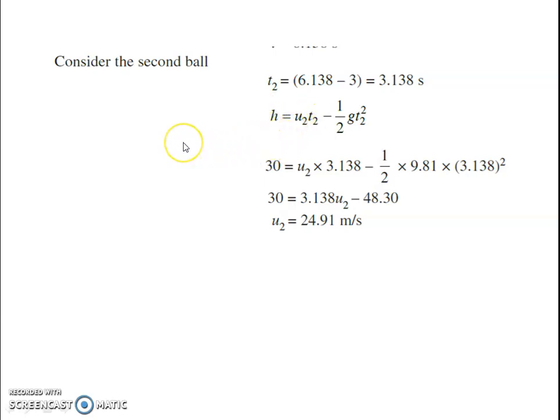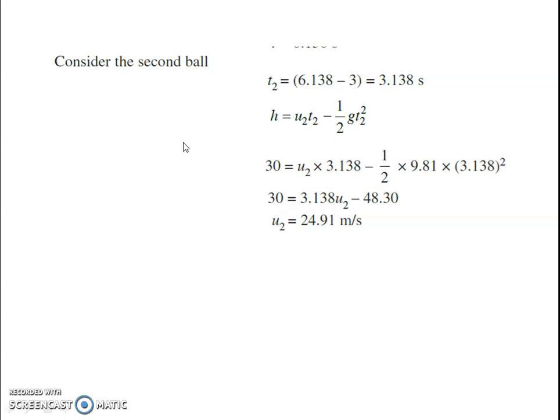First we have to find the time taken by ball A, then we have to deduct from the total time the lag time, that is 3 seconds. The ball is thrown 3 seconds after ball A is thrown.